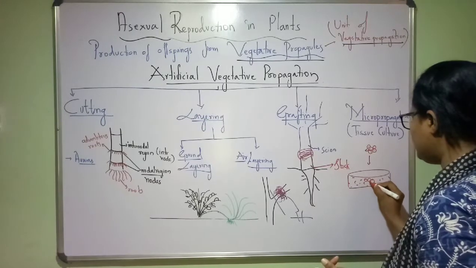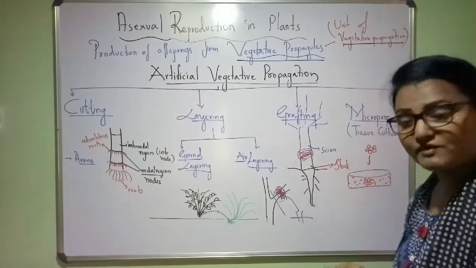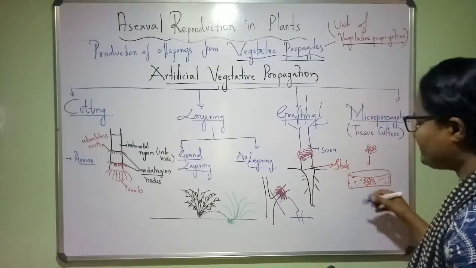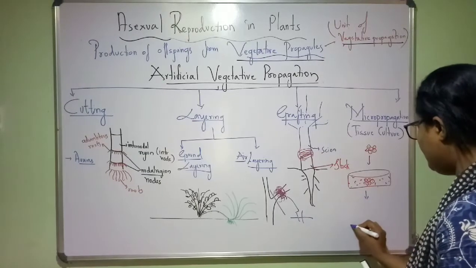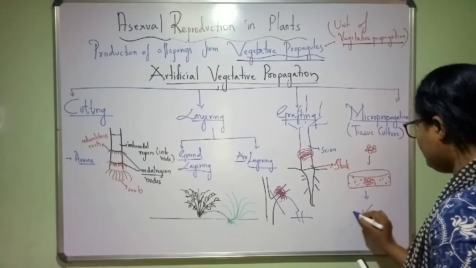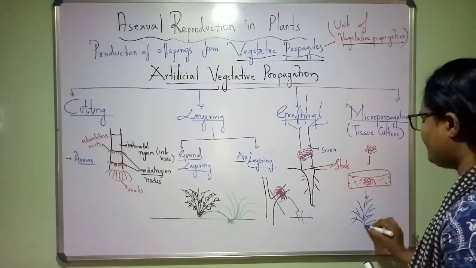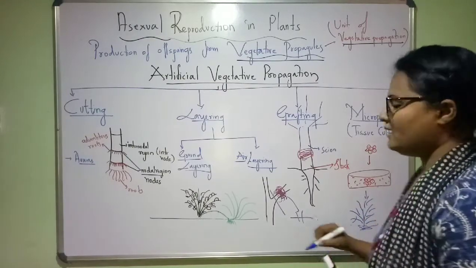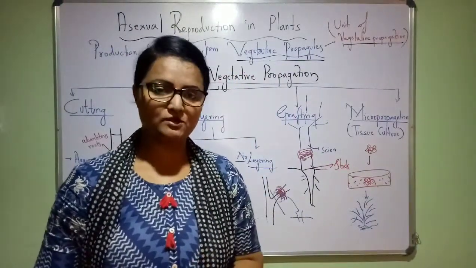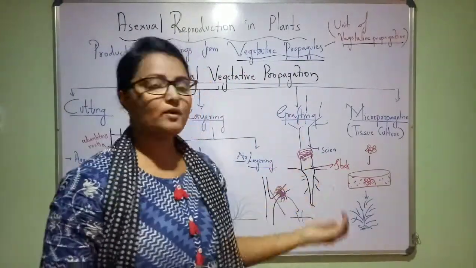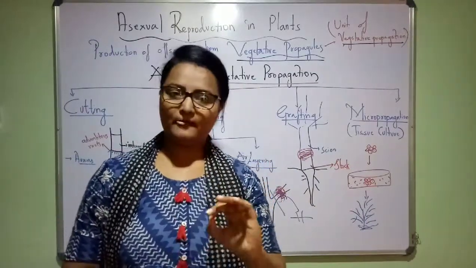Afterwards, after proliferation, this will form a new plantlet. This is called micropropagation or tissue culture, meaning propagation done using tissue or cells at a microscopic level.